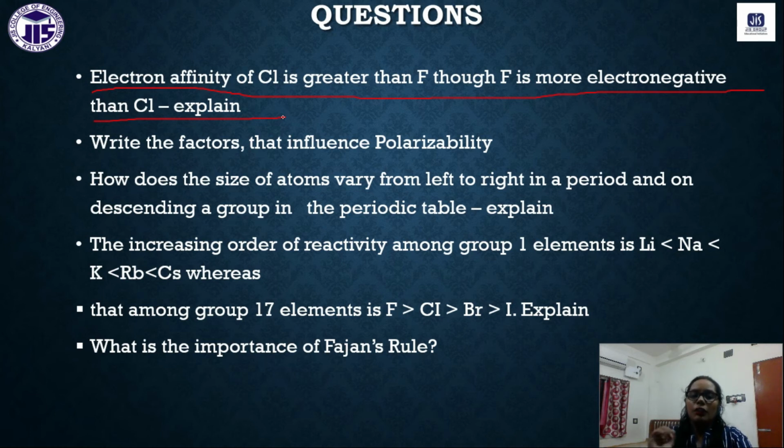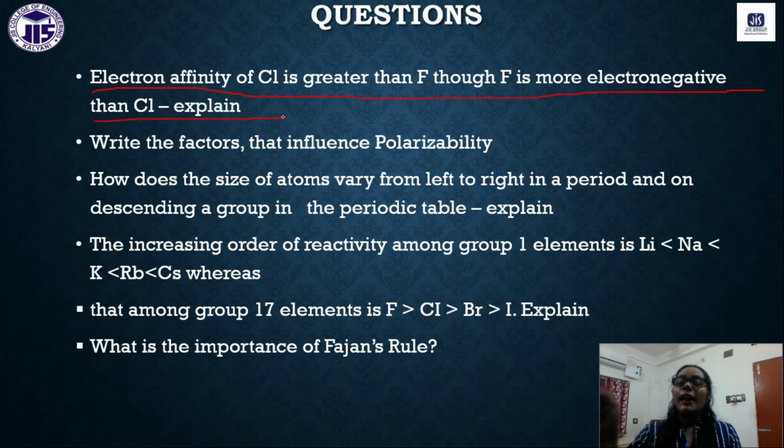Okay, now next question, write the factors that influence the polarizability. Now what is polarizing power, what is polarizability? Already we know that polarizing power is generally for the cation, and polarizability is for the anion. Now polarizing power: if one cation and anion come to each other, what will happen?